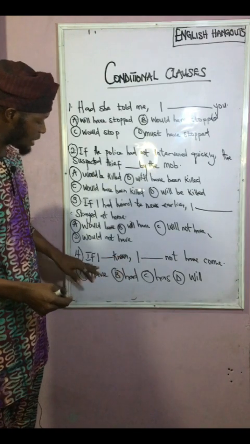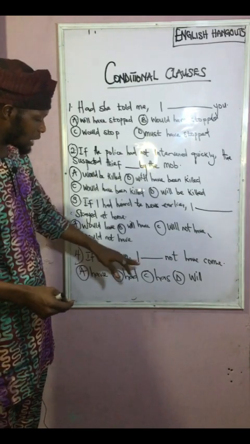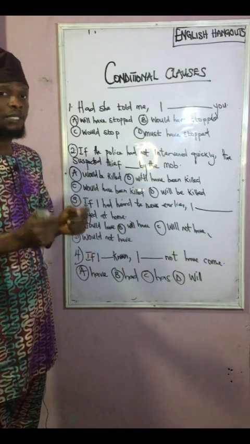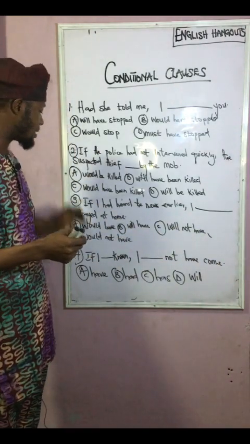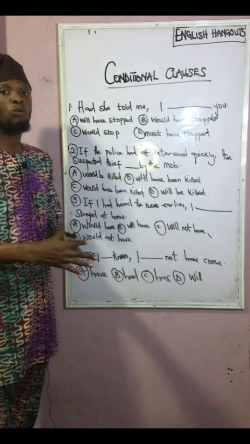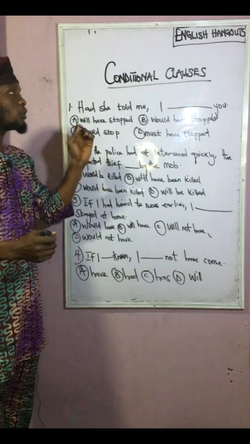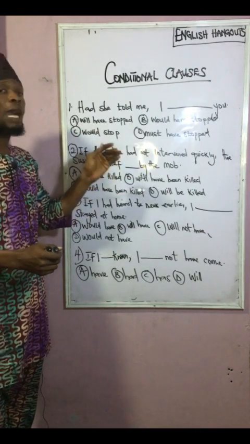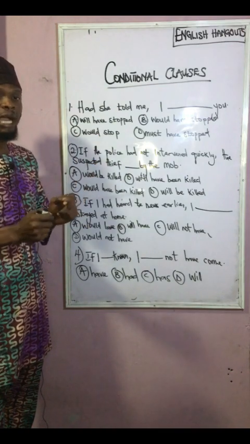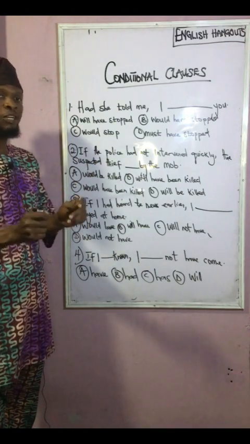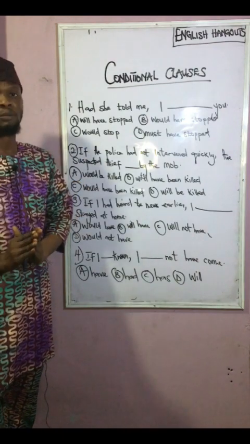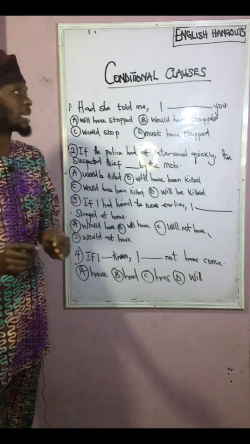And lastly, if I dash known, I dash not have come. The first thing we'll determine is whether those expressions are conditional clauses, and if they are, whether they are real or unreal conditions. So we forge ahead now.